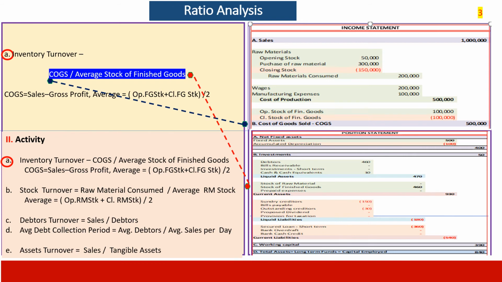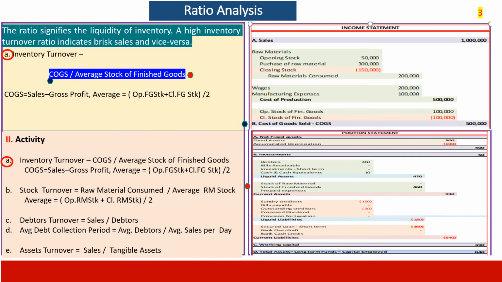Average stock of finished goods means opening stock plus closing stock divided by 2 in respect of finished goods. What does it convey? It talks of whether inventory is moved fast, the liquidity of inventory, brisk sales. A lower inventory ratio means slow movement. A higher inventory ratio means there is faster turnaround and faster generation of cash.